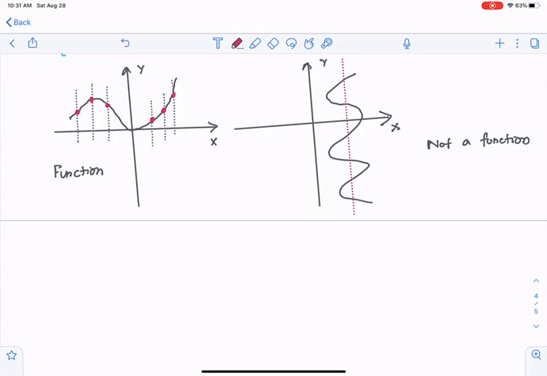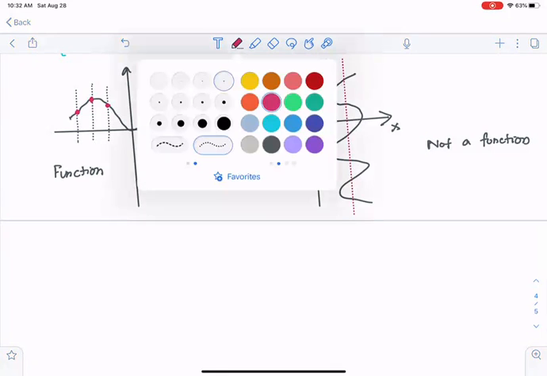The key phrase is more than 1 point. If it fails for 2 points, that's it. It doesn't have to touch multiple points. If the vertical line touches more than 1 point, then the curve is not a function.